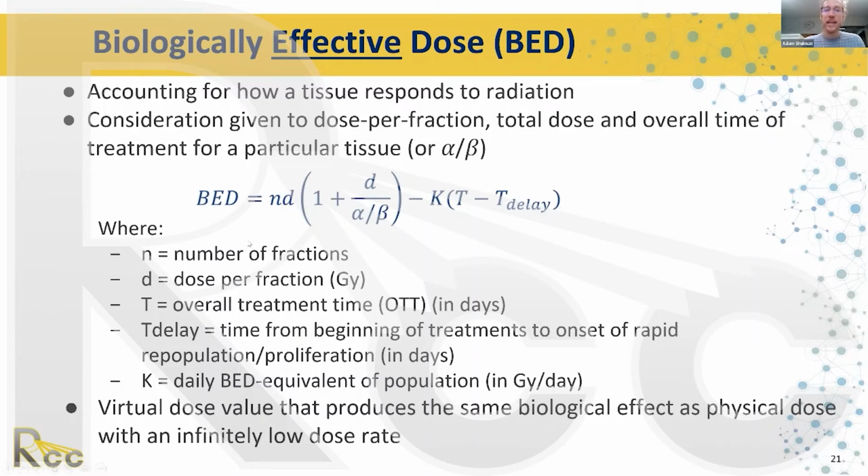So this BED does not have a lot of significance to us on a day-to-day clinical basis, nor does it have much significance in terms of patient cure rates or toxicity to organs at risk. But what it does is allow us to make two different fractionation schemes equivalent, where we can convert two different fractionations to what that same biological effect would be with an infinitely low dose rate.